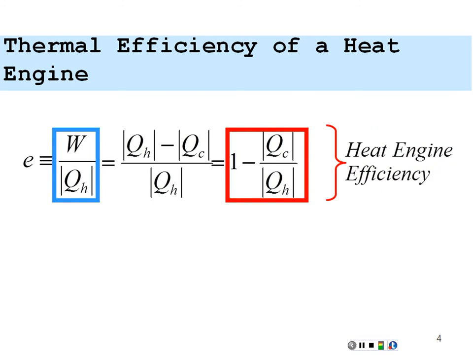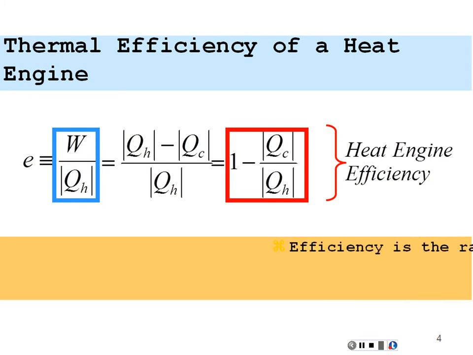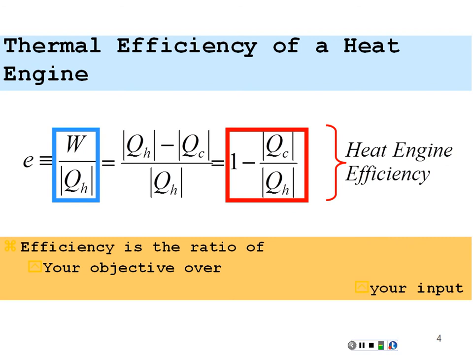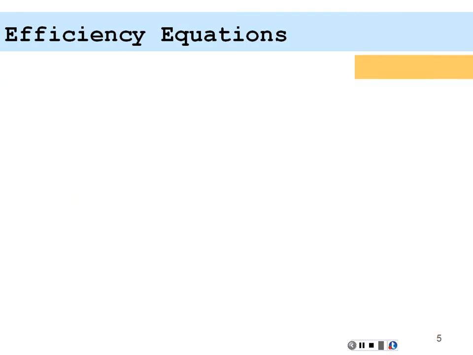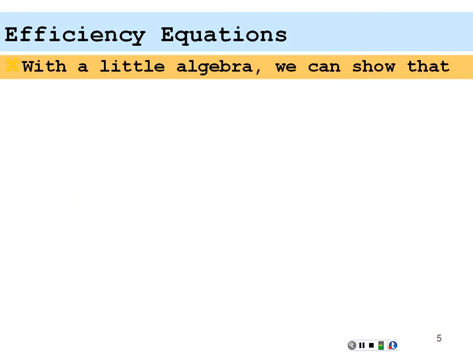And I can see it as work performed over what we got from the hot reservoir. In other words, it's what we hope to gain, which is the work performed, over what we got from the hot reservoir. So efficiency is the ratio of your objective over your input, what you hope to gain, over your input, in this case from the hot reservoir. That is our efficiency.